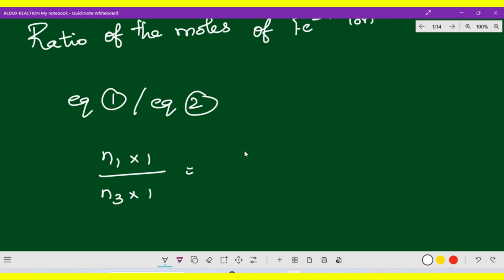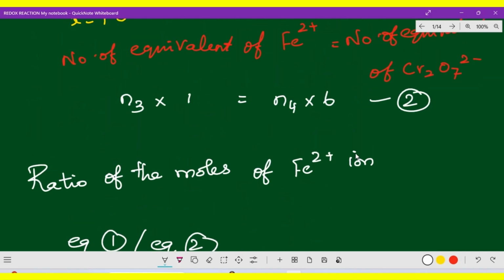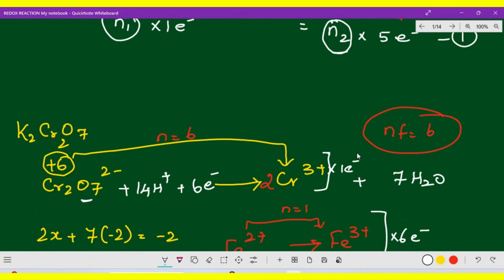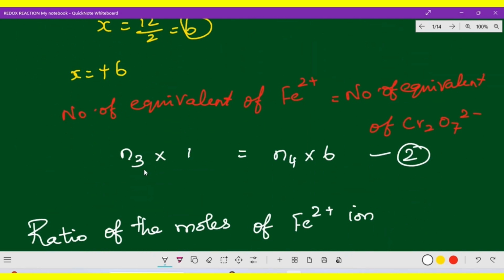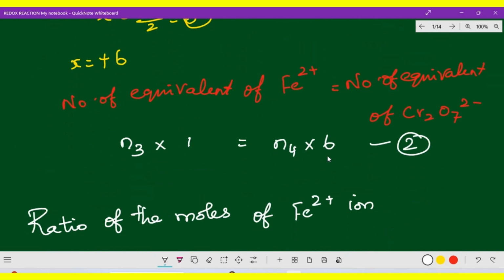is equal to N2 into 5 by N4 into 6, right? We got that only, no? Equation 1: N1 into 1 electron equal to N2 into 5 electrons. The same way, equation 2: N3 into 1 equal to N4 into 6.